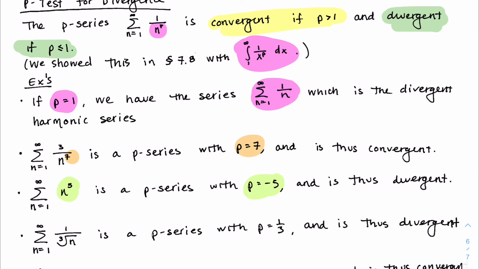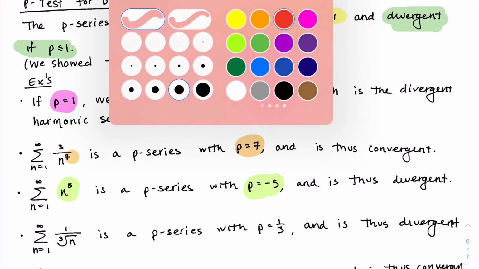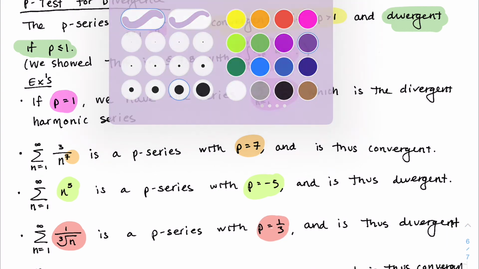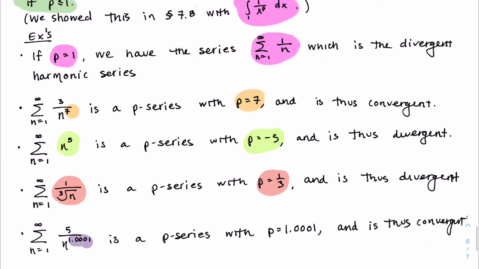But if you think of it as a p-series, the p is -5, and so it's going to be divergent. In this one, you've got the cube root of n, so the power is 1/3. So again, divergent. Great criteria for it. Here, our power is 1.0001, which is greater than 1, so it's going to be convergent.